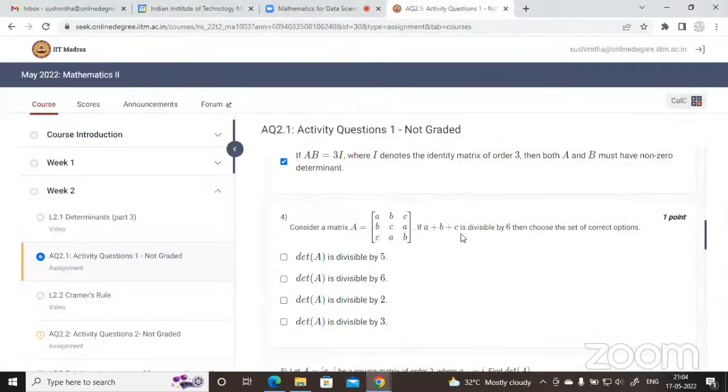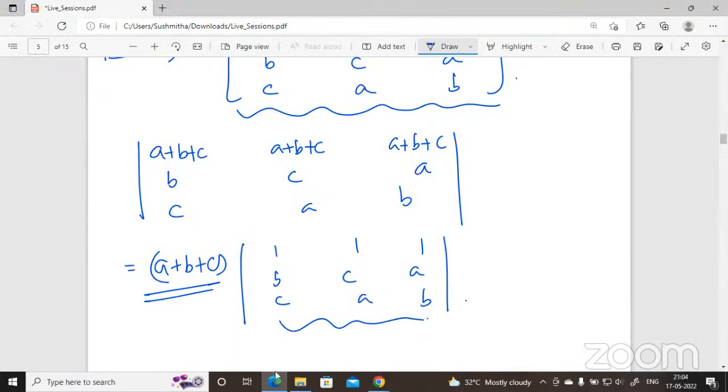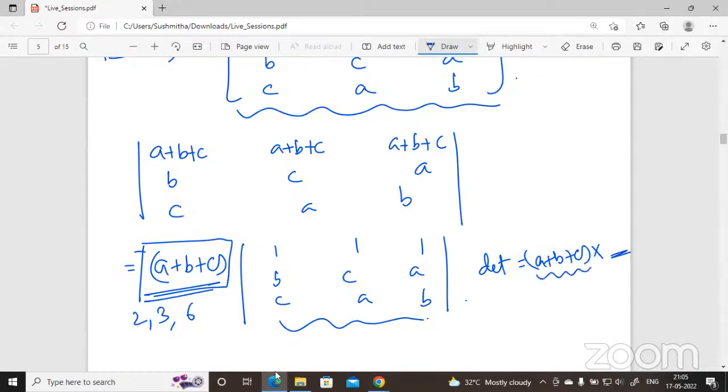If A plus B plus C is divisible by 6, then the determinant is divisible by 6, and so by 2, 3 and 6. So the determinant is going to be A plus B plus C into something. I'm not bothered about the something because this is what I have.